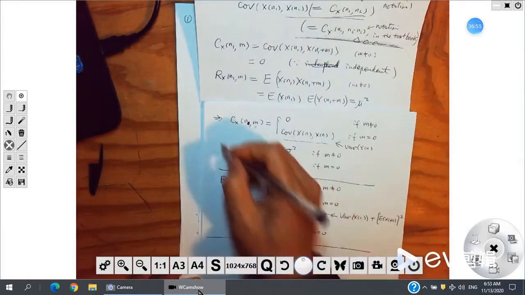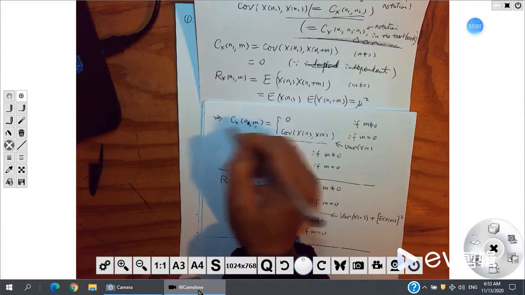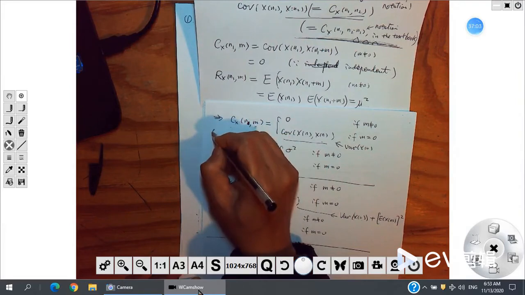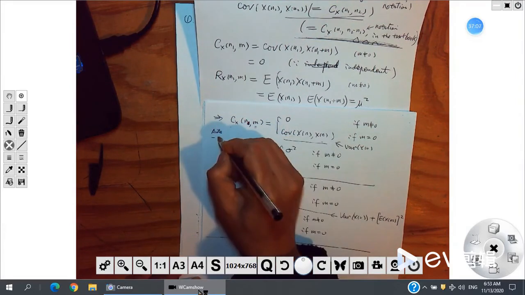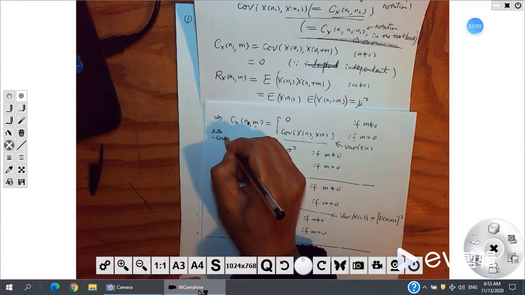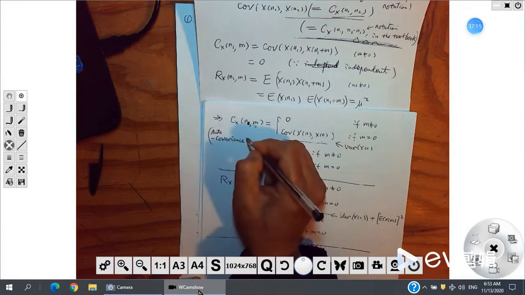Oh, I didn't mention the name. What is Cx? Cx is covariance, but here we have a different name. We call this autocovariance.